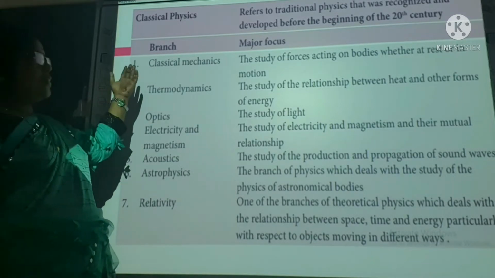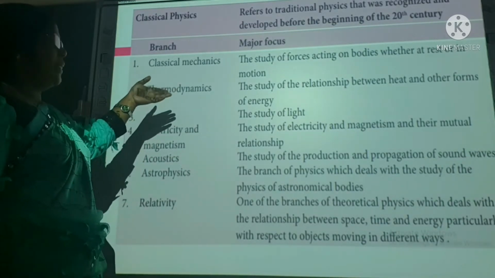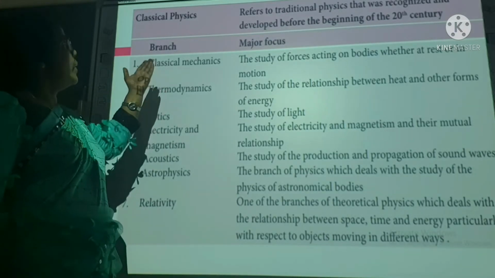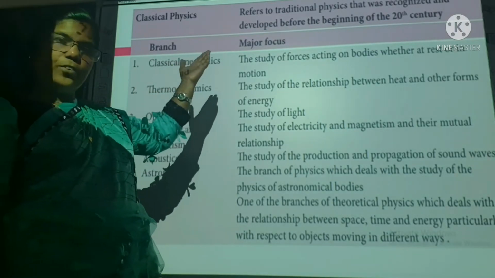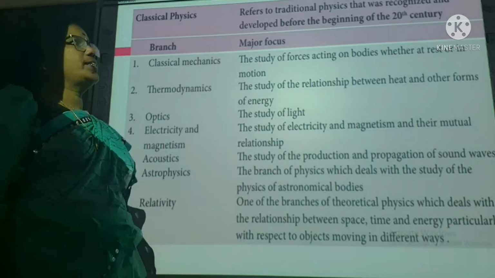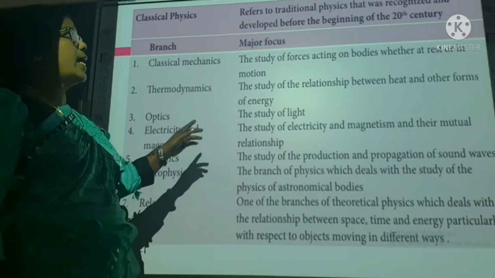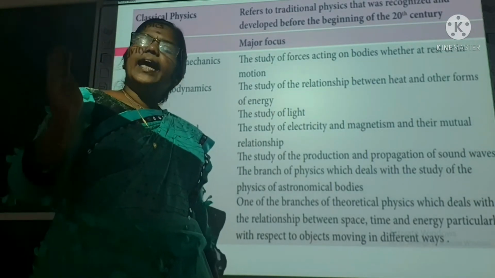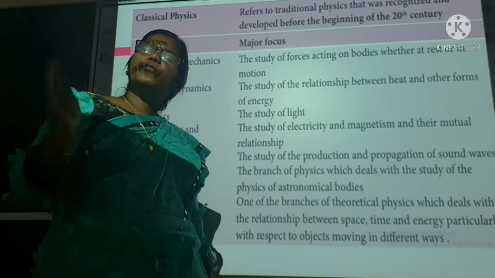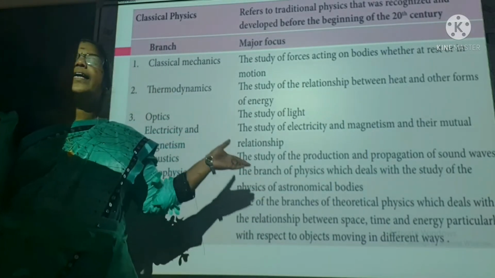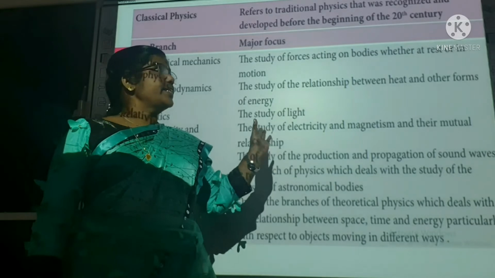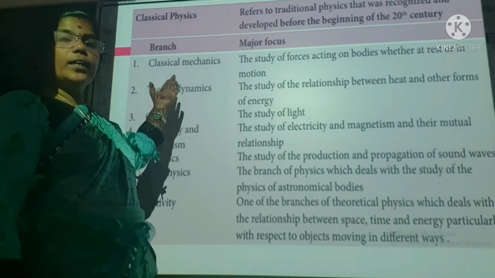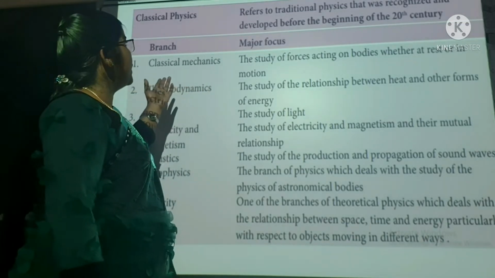Classical physics, its branches and explanations for the branches are given in the textbook. So what is classical physics? It refers to the traditional physics that was recognized and developed before the 20th century. The things which were developed before the 20th century were taken under classical physics, and classical mechanics is one of the branches in classical physics.